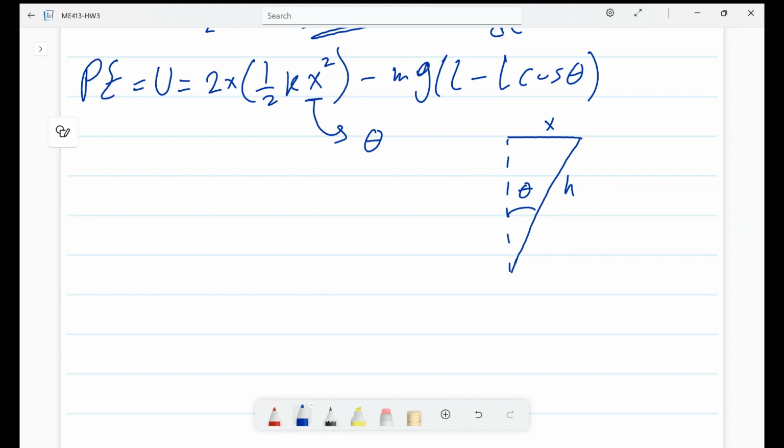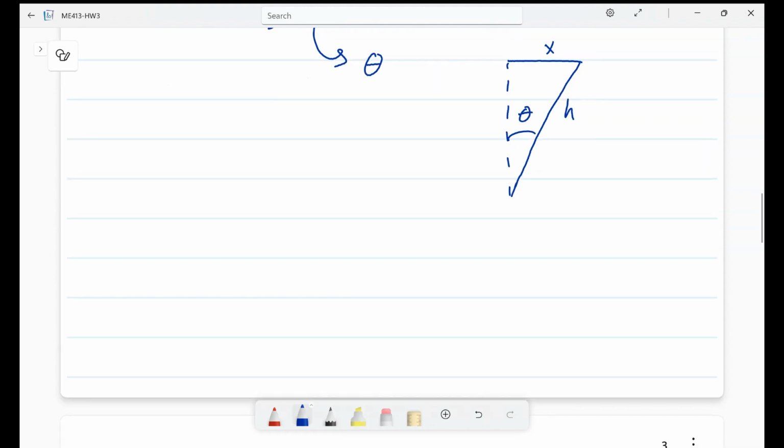So sine theta will equal x over h, and we know that for sine theta, for small angle, it will be just theta.